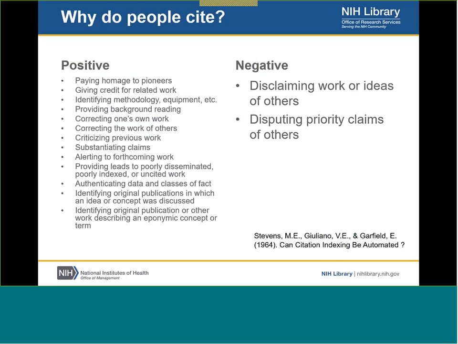Basically, it's to give credit or to correct someone's work, or because you're going to criticize something, or you would like to provide background or identify some important publications that are related to the concept you're going to provide. Okay, so these are all positive.